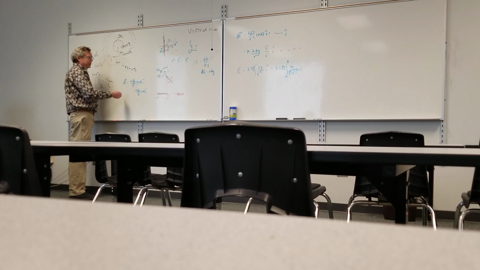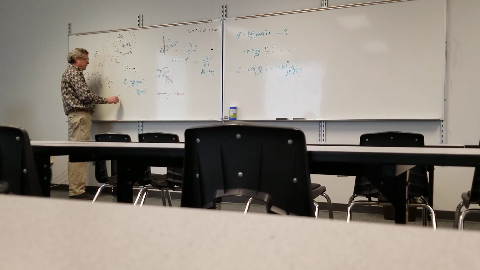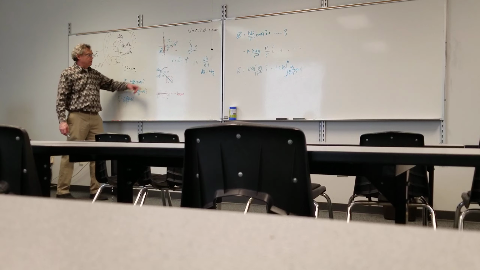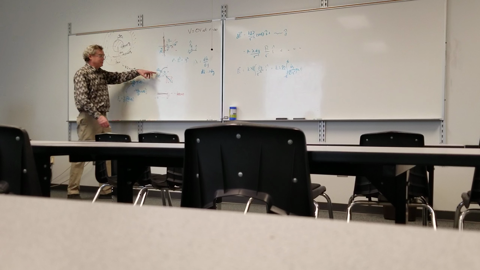I'm only going to solve one of them. So E sub x is equal to K over R squared dQ sine theta I hat. dQ is going to be lambda times this arc length.